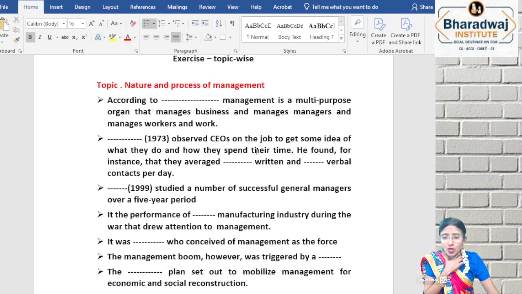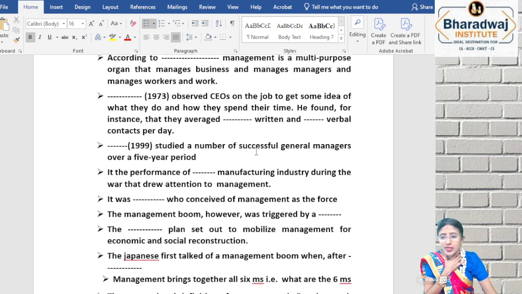Okay. According to Dash, management is a multi-purpose organ that manages business, manages managers, manages workers and work. Second question: Dash, with the year also given, observed CEOs on the job to get some idea of what they do and how they spend their time.